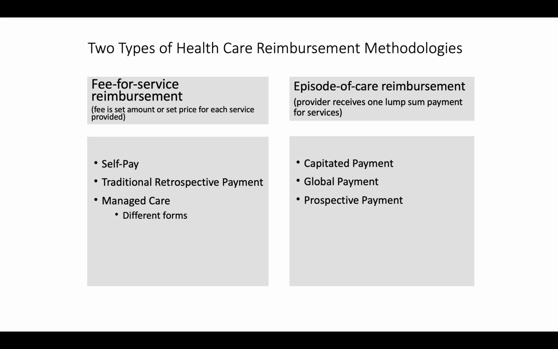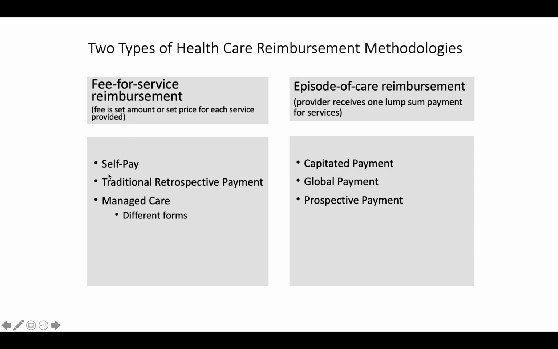There is an entire episode of care that I get paid for. It is a lump sum payment for a complete service that might include many different things like lab work, imaging, pharmacy, admission, etc. Of course, under each of these there are different types of payment, and we will discuss almost all of them in some detail.